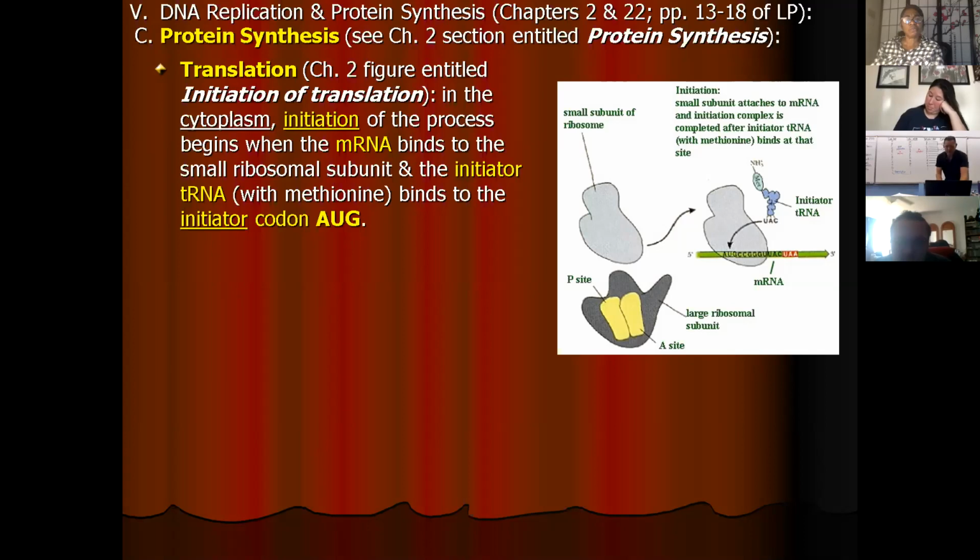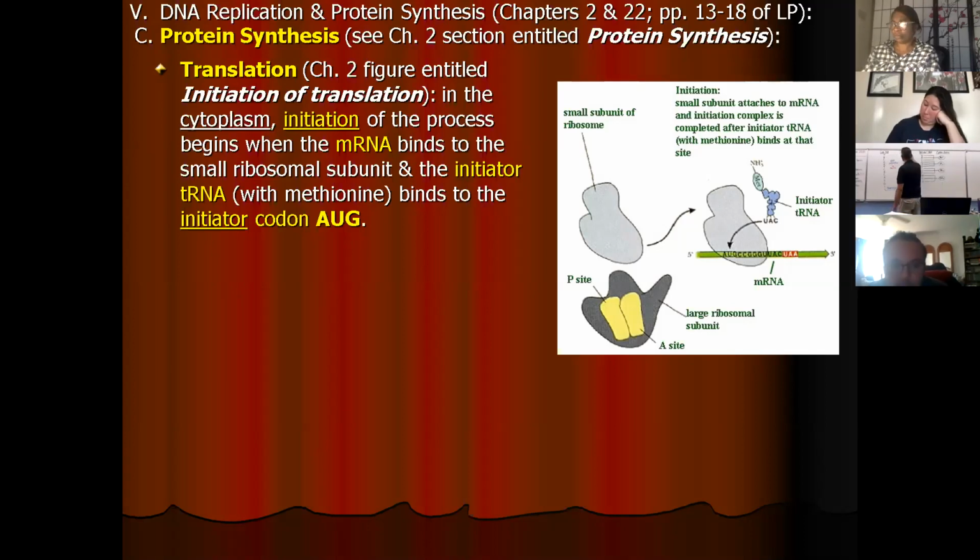That's the first step, initiation. I'm just going to put a number there. Initiation. Now AUG, the codon, will match to an anticodon with its UAC, and that anticodon, the amino acid is methionine.